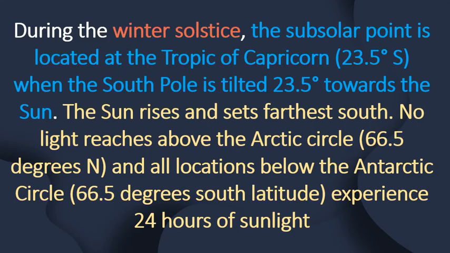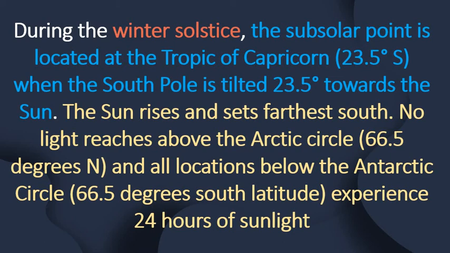During the winter solstice, the subsolar point is located at the Tropic of Capricorn, and that is located 23.5 degrees south. When the South Pole is tilted 23.5 degrees towards the sun, the sun rises and sets farthest south.